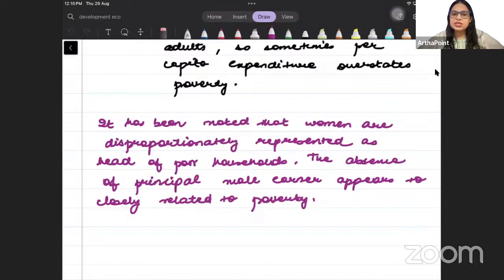We will not see more male earners in such families. Rather, we would see that female-oriented families will be more among the poor families.